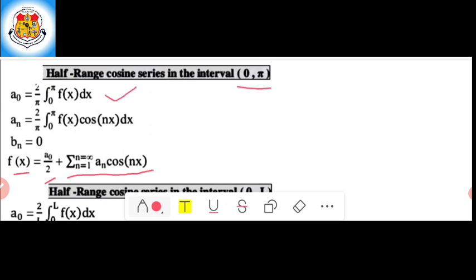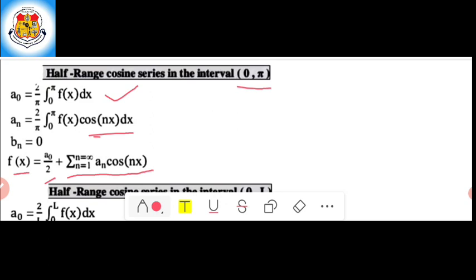The formula to find a0 is equal to 2 upon pi integral 0 to pi f of x dx. To find the Fourier coefficient an, the formula is an is equal to 2 upon pi integral 0 to pi f of x cos nx dx.